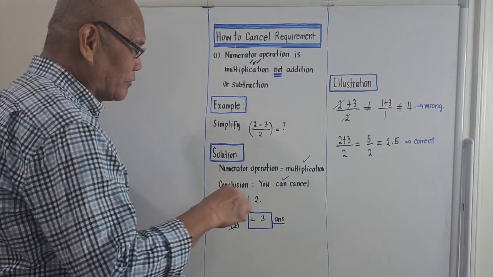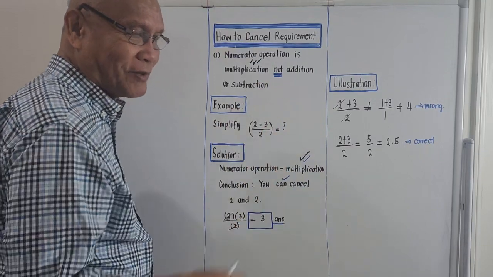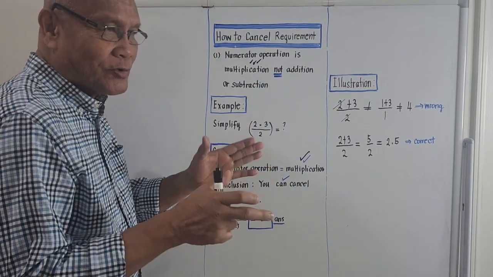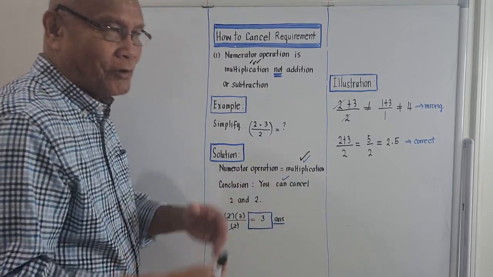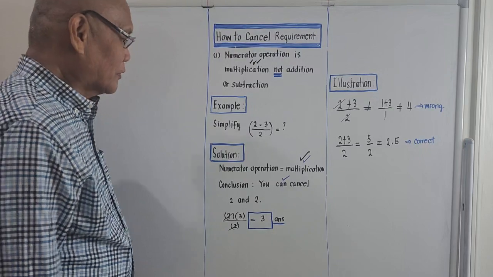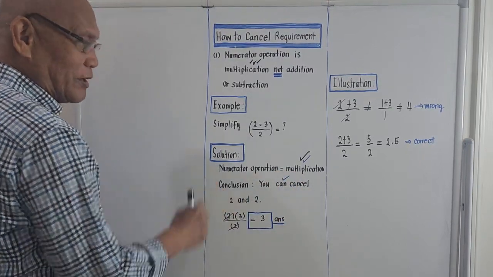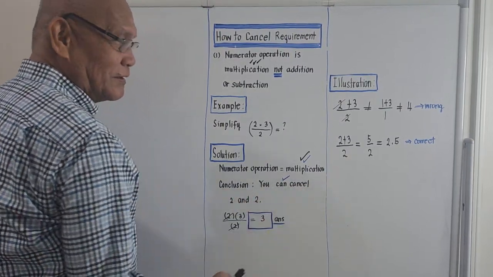It is multiplication, right? That's the number one question you will be asking yourself. Before proceeding with any cancellation, you ask yourself, is the operation on the numerator multiplication? It is multiplication. What's the conclusion now? The conclusion, you can cancel.